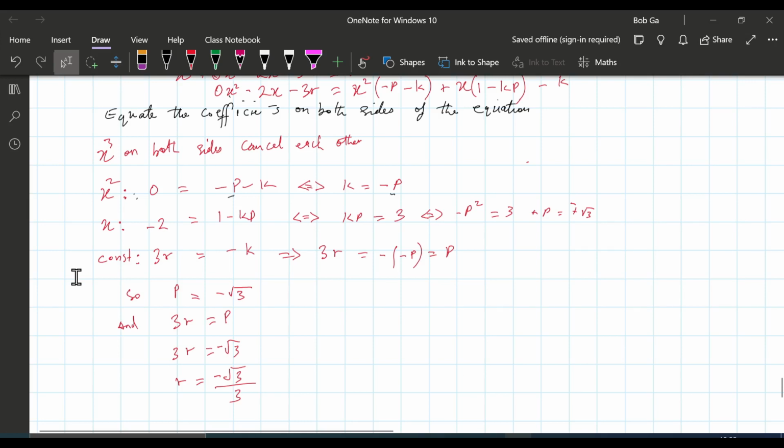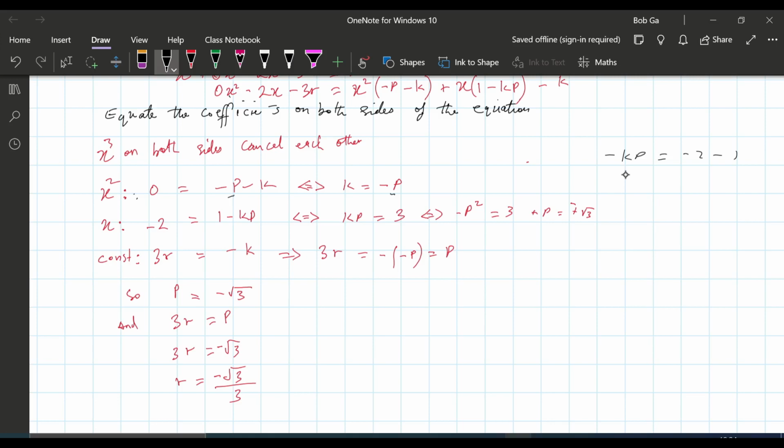And then 1 negative kp, which is the same as that, gives us 2 equals 1 minus kp. When 1 goes over there, it becomes negative, so we have negative kp is equal to 2 minus 1, which is 1.